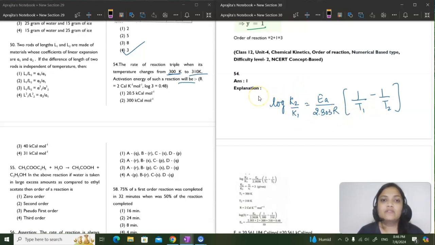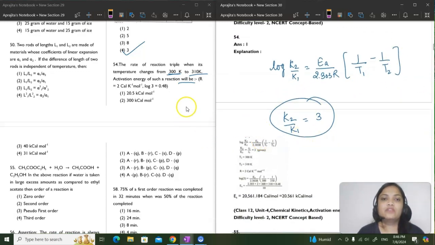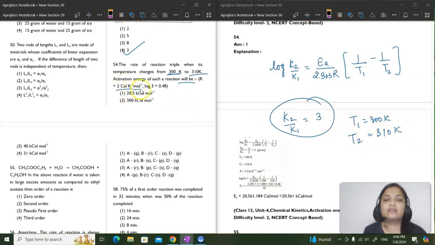Now it is given in the question that the rate of the reaction becomes triple, which means K2 upon K1 is 3, because the rate is becoming 3 times. From here we will put the values. T1 is given 300 Kelvin, T2 is given 310 Kelvin, and the value of R is already given, 2 calorie per Kelvin per mole. So you can put the value of R as 2.